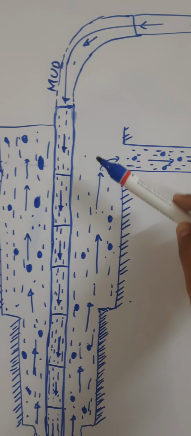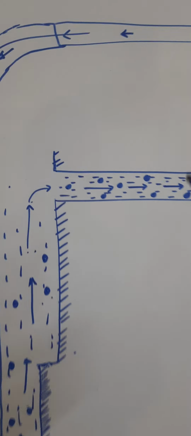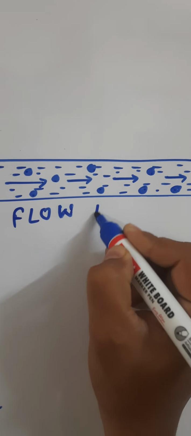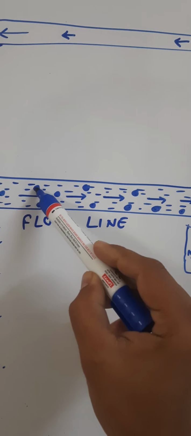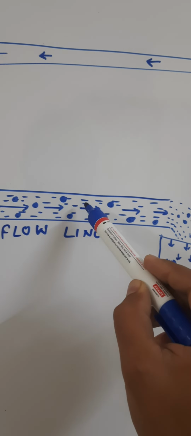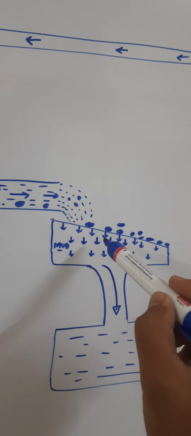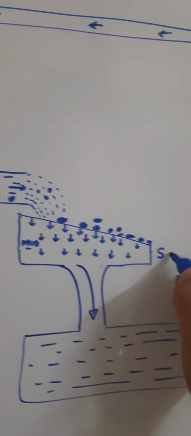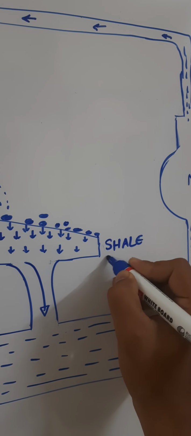Okay. So when this reaches here, there is a mechanism called the flow line. This we generally call a flow line. In the flow line comes the mud plus cuttings, and this falls over this unit, which is called the shale shaker.